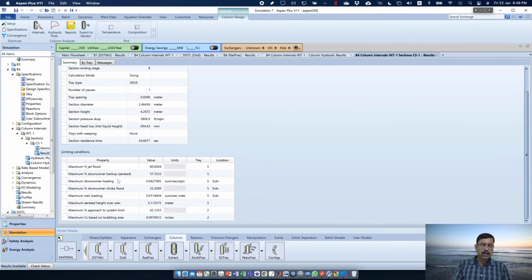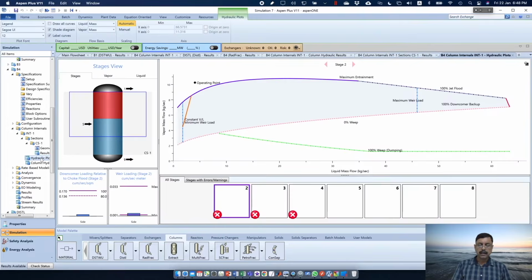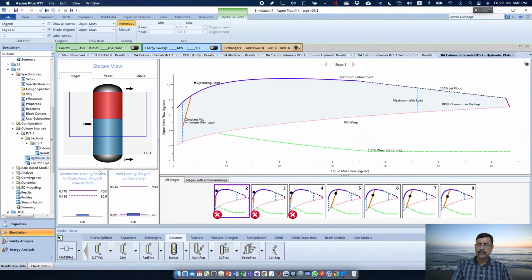Now this limiting condition is very, very important, and you can further scrutinize them by seeing this hydraulic plot. If you go and check the hydraulic plot, you will find that not all the trays are good. The tray condition is pictorially given by this.